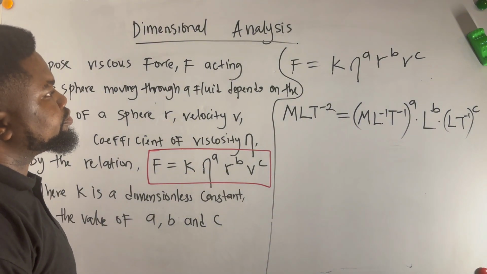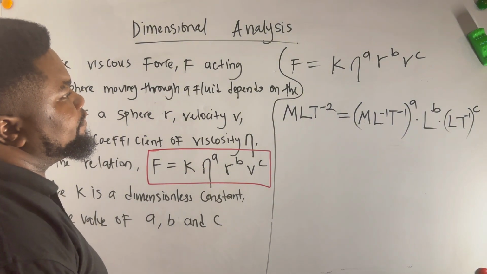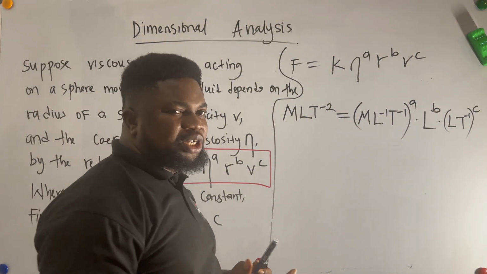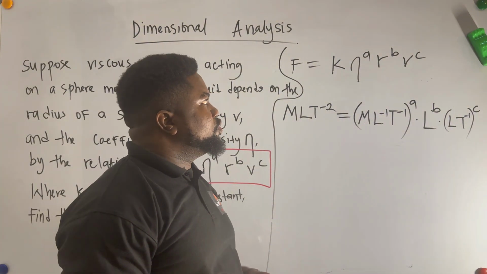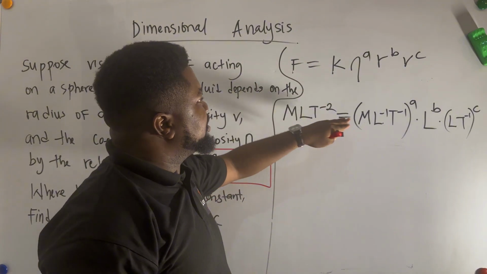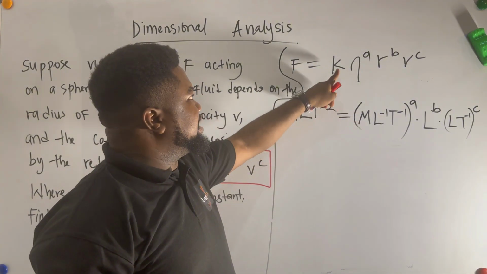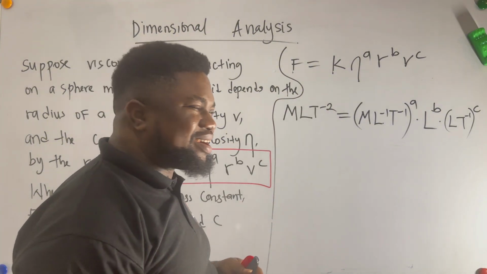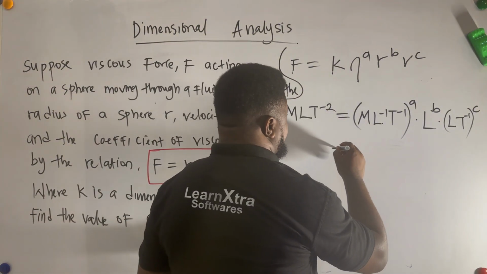So if I have this like this, the next thing to do is to open the brackets. First is to impute their respective dimensions. Yes. Disregard the constants. Next is to open the brackets. Open it righteously. Open it well.